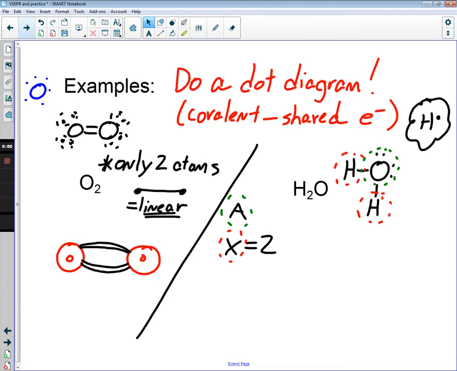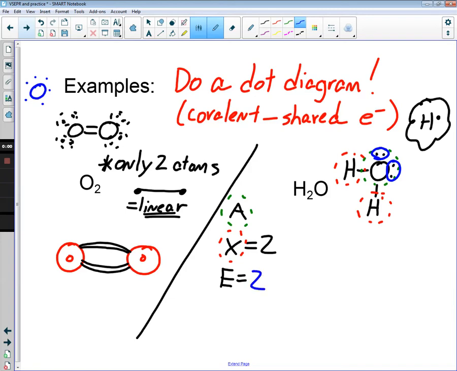Now, E is unshared pairs of electrons coming off of this oxygen. Does this oxygen have any electrons that are not being shared with other atoms, any lone pairs? Yeah. Here's a lone pair of electrons. Here's a lone pair of electrons. I'm going to end up with 2 lone pairs of electrons.